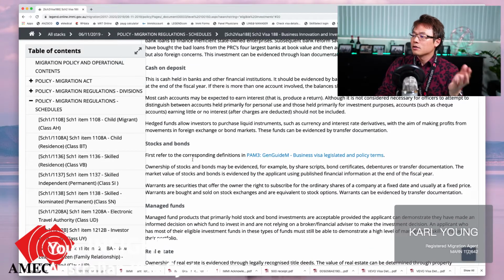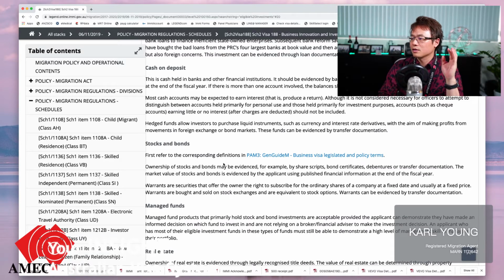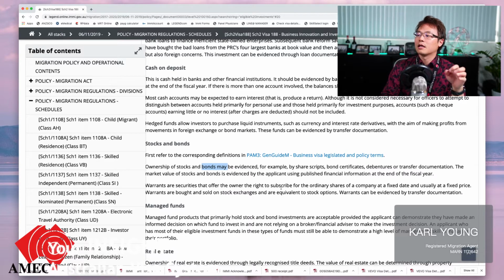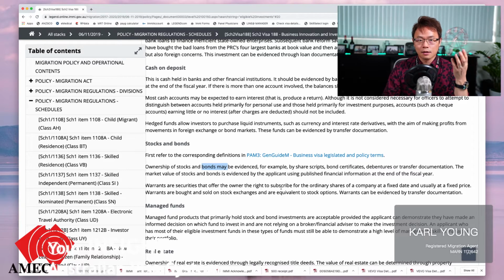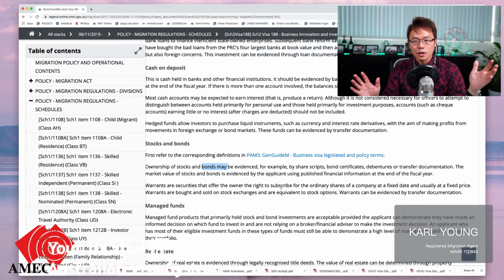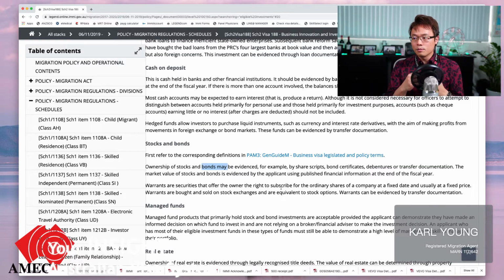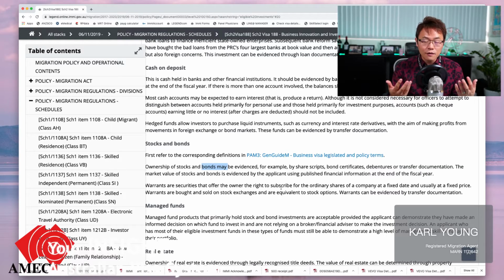And now stocks and bonds, that's pretty simple. If you buy stocks and bonds, government bonds, all of that can be counted, and surely these kinds of investments are documented everywhere. The only thing you need to ensure is that when you're buying these stocks and bonds, it's actually coming from yourself.